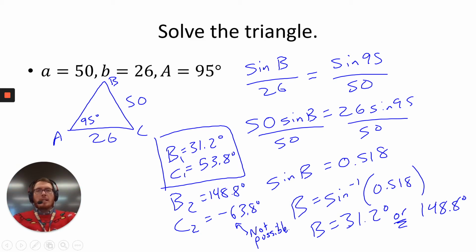And then once we get that piece set up, what we look at is say, okay, let's say B does equal 31.2. Can I find C? If I take 180 minus 95 minus 31.2, that's where this 53 number comes from. But B also could have been legally in quadrant 2. The problem is if it works for a triangle, then the three angles should add up to 180. And if this angle is 148.8 plus 95, the third angle would be negative, so it doesn't work.